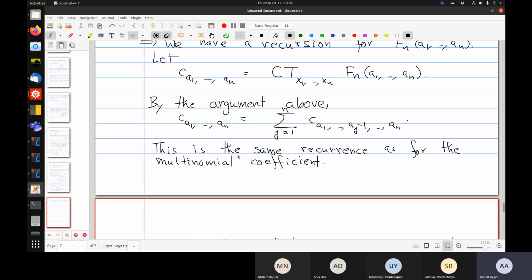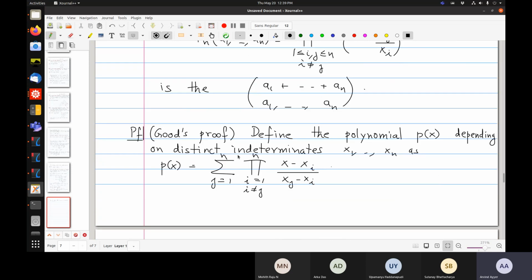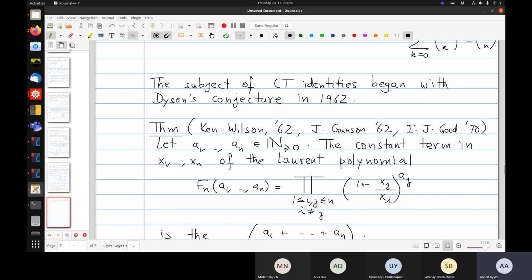Why is that? So I have this F_n. I want the constant term of this. If I interchange a_j and a_{j+1}, I get a different polynomial by exchanging x_j and x_{j+1}.